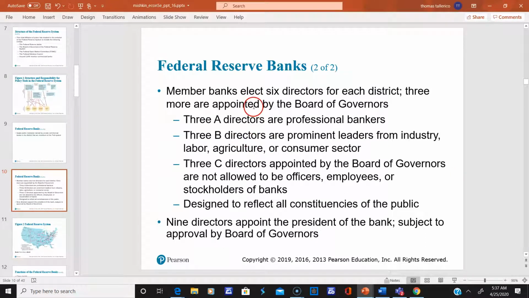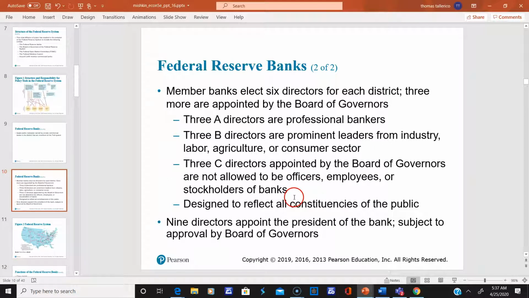So the member banks elect 6 directors for each district, and 3 more are appointed by the Board of Governors. So 3 A directors are professional bankers. 3 B directors are prominent leaders from industry, and 3 C directors are appointed by the Board of Governors, and they're not allowed to be officers, employees, or stockholders of banks.